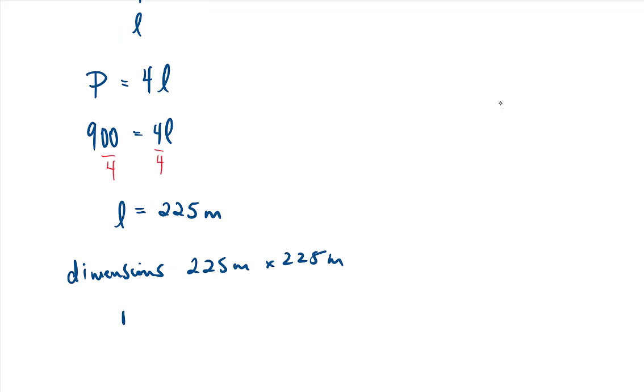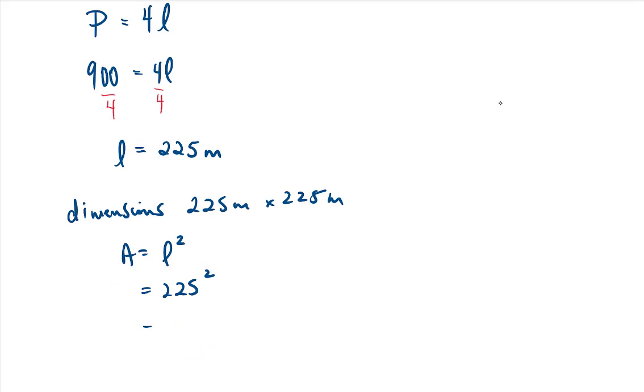And that tells us that our area, which is equal to length times length, or length squared, is 225 squared, which gives us an area of 50,625 meters squared. So that's for our rectangular arrangement.